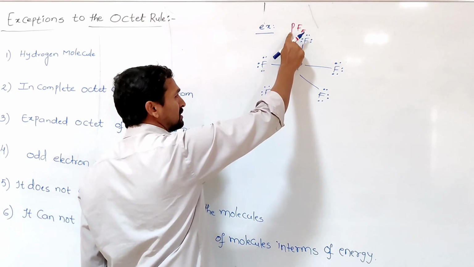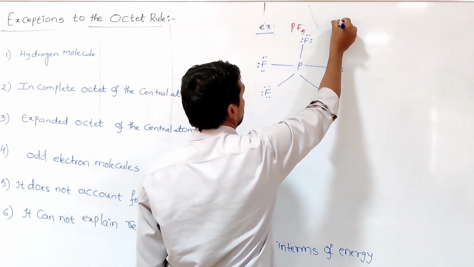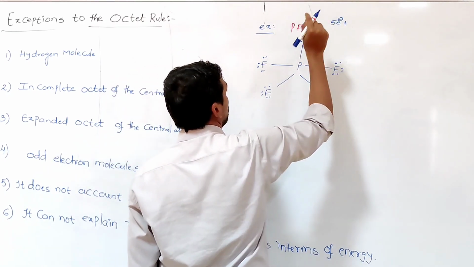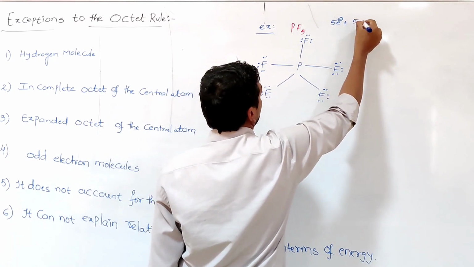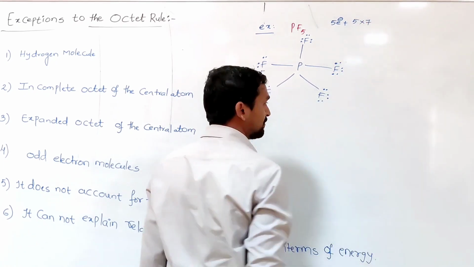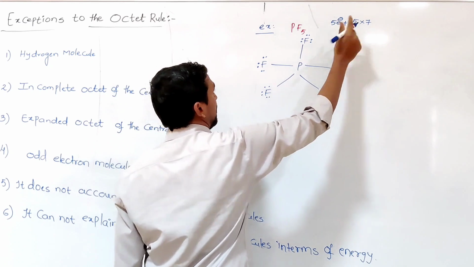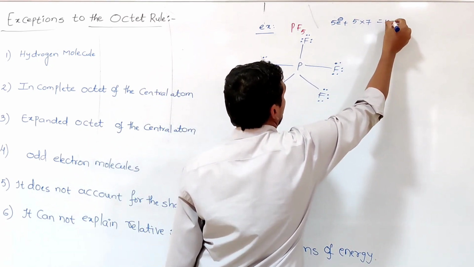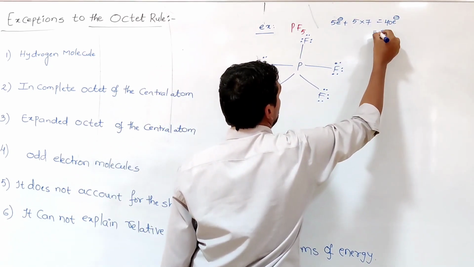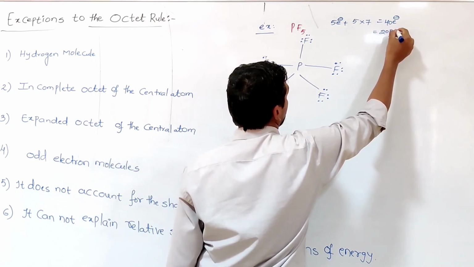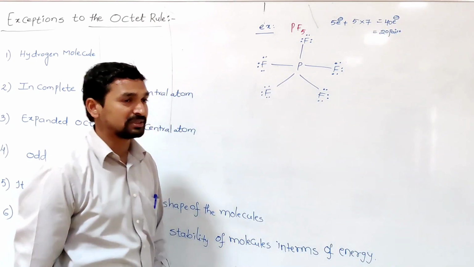Because the phosphorus, the number of valency electrons is 5. In fluorine 7, 5 into 7, 35. So 35 plus 5, totally what is it? 40. 40 electrons means how many pairs? 20 pairs.